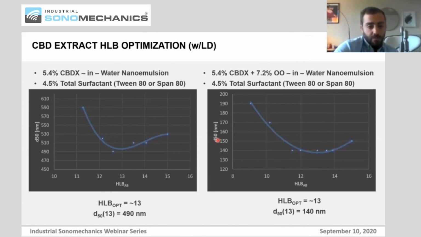Both optimums are at 13 HLB, but at that optimum, the droplet size for just the CBD extract was near 500 nanometers, and the droplet size for the nano-emulsion with olive oil at the optimized amount was near about 140. So even though you're doubling the amount of total oil, you're reducing the droplet size by almost 4 times.